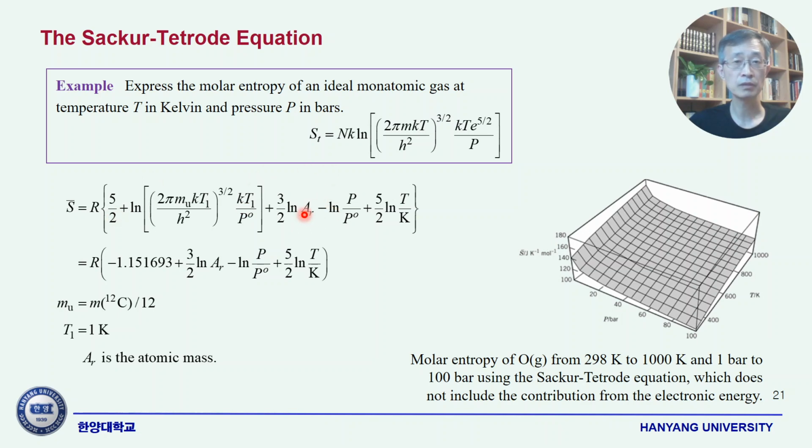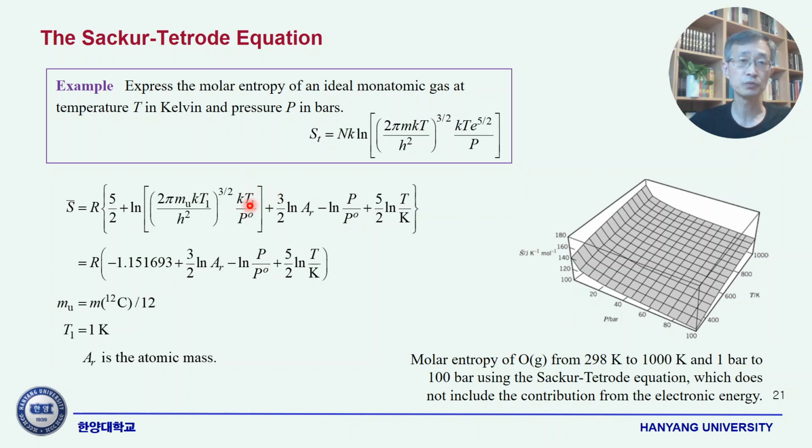And instead of P, because a logarithm shouldn't have a unit, P is given as just 1 bar, separated out, so 100 bar over 1 bar is just 100. This is the technical way we represent it.